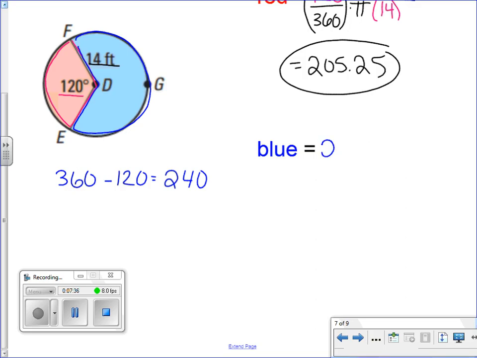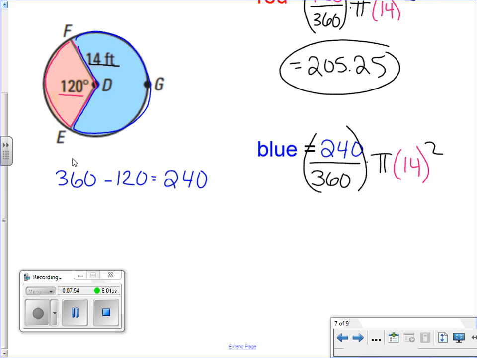So 240 divided by 360 times pi, 14 is my radius, I'm going to square that. Don't forget my parentheses. Plug this all in your calculator, and you get approximately 410.5.